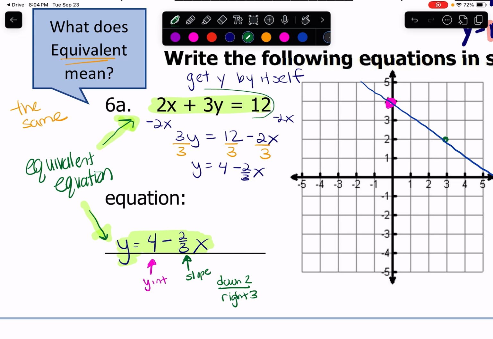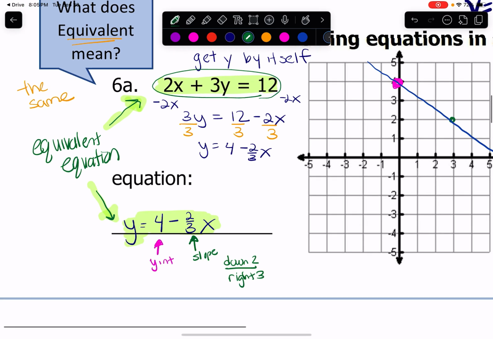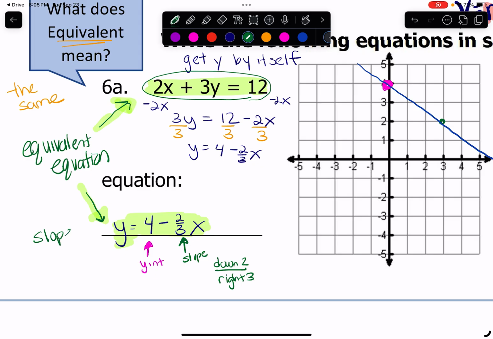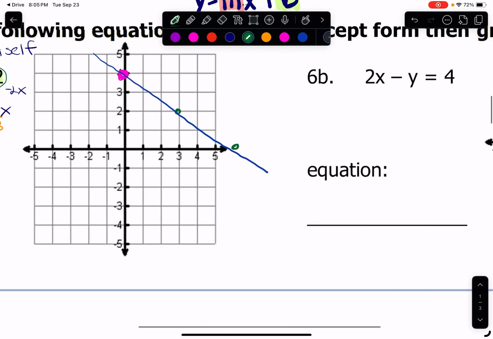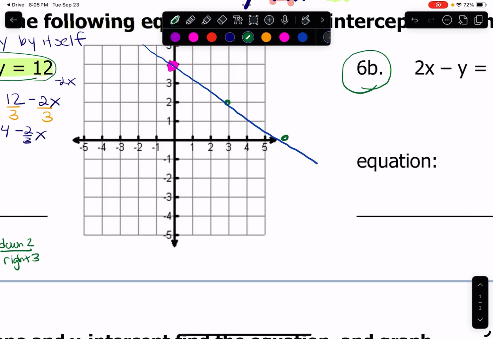This is standard form of an equation. I think we're going to get to the name later. You don't need to know that it's called standard form. Anyway, ignore me. And this is slope-intercept form. That one you do need to know because that's the one we're talking about today. Slope-intercept form. Okay, I'm going to leave 6b for you guys to try on your own.